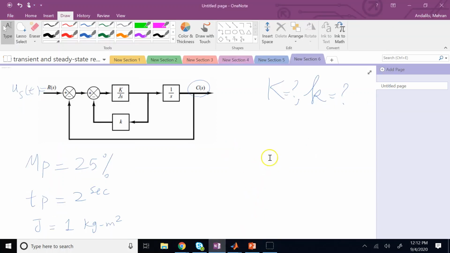So going back to this problem, first thing is we need to find the closed loop transfer function, right? So clearly you know that these two are a loop already.